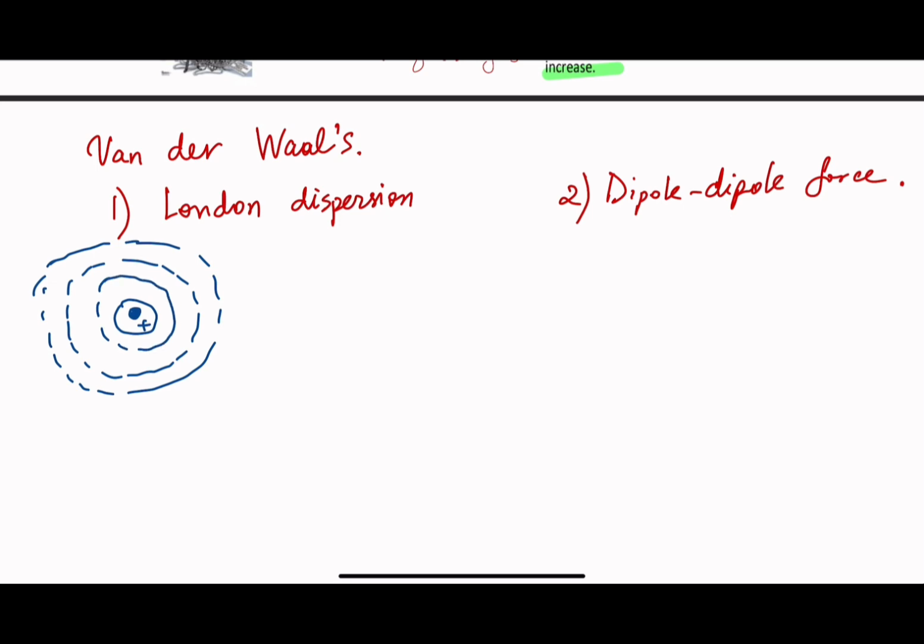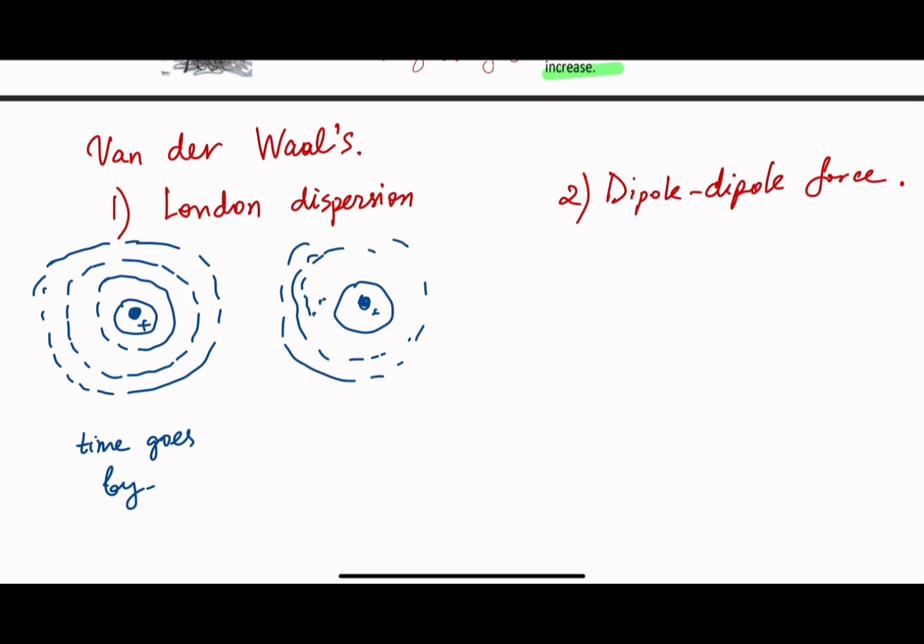Over time, we notice that some of the electrons gather more on one side.